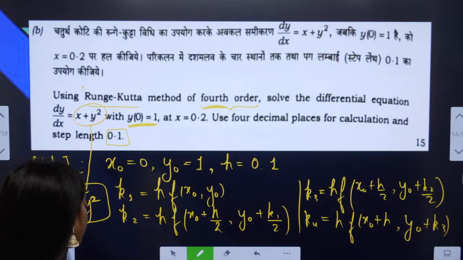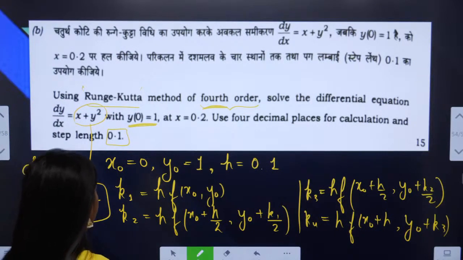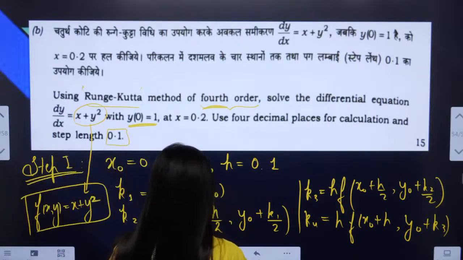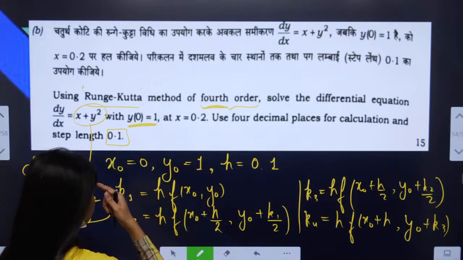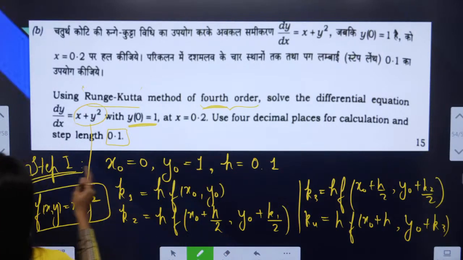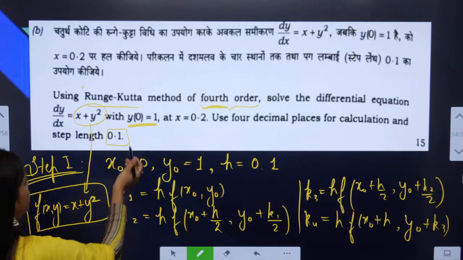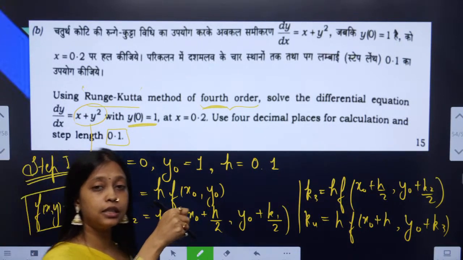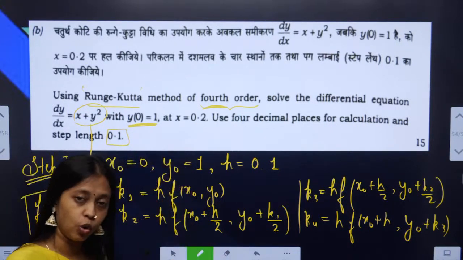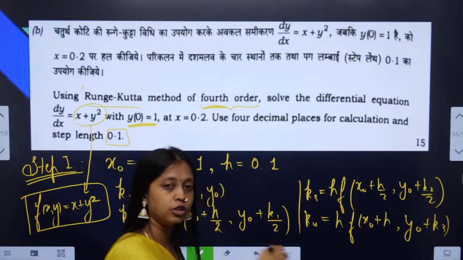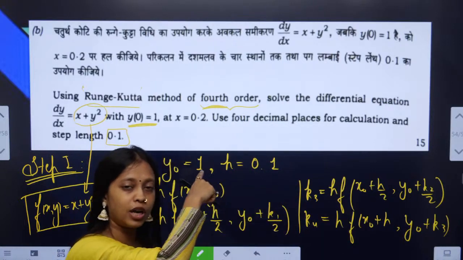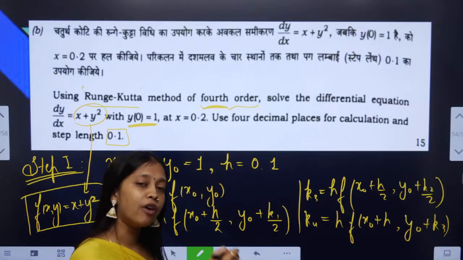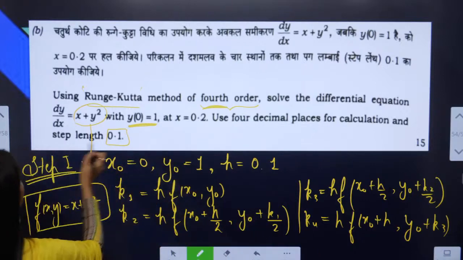What else? Now, when you have the value of y naught plus, so step length is 0.1. So initially the given condition was on 0, so 0 plus 0.1. So the next answer, whatever will be your value of k, that will be y of 0.1.